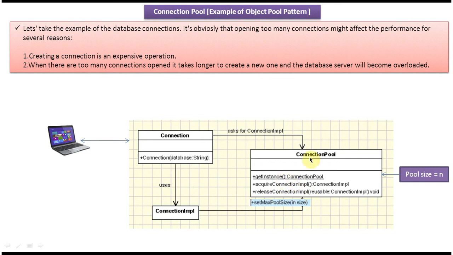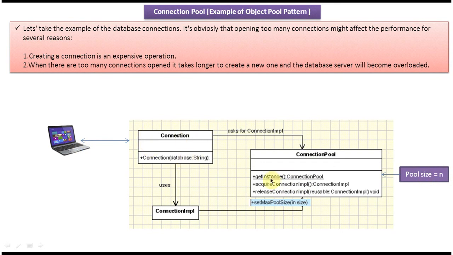Once you get the instance of the ConnectionPool object, and suppose we define the pool size as 10, then only 10 ConnectionImplementation objects will be in the connection pool.